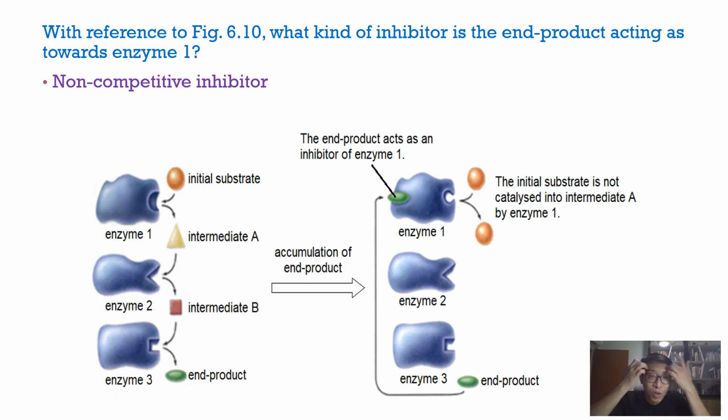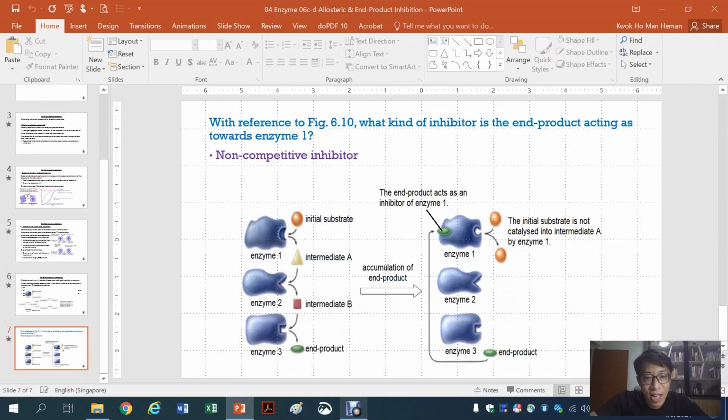Even though there's no mention of the end product inhibition in the learning outcome, I have decided to still show you an example because the mechanism of how the end product inhibits the enzyme is similar, or is in fact the same as a non-competitive inhibition. And so it can be an example of how non-competitive inhibitors work in our cells in the context of a metabolic pathway. So with that would be the inhibitors.